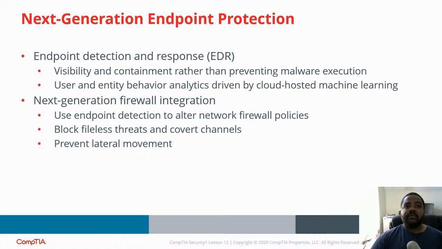So whenever our SOC, our security operations center, contacts us and says, hey, PC 123 is showing signs of this, that, and the third, we can use our EDR system to isolate it, basically put it in its own silo within the network.